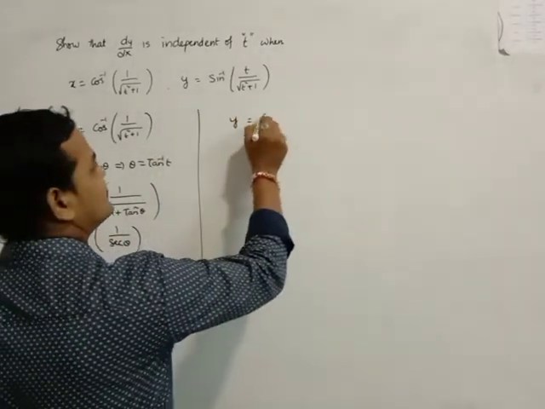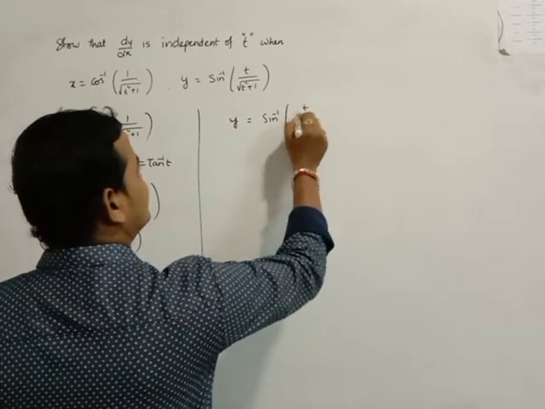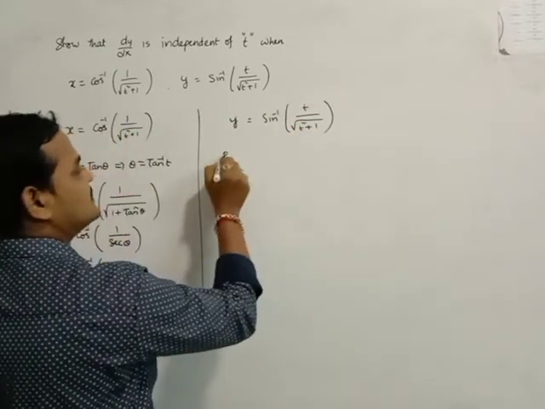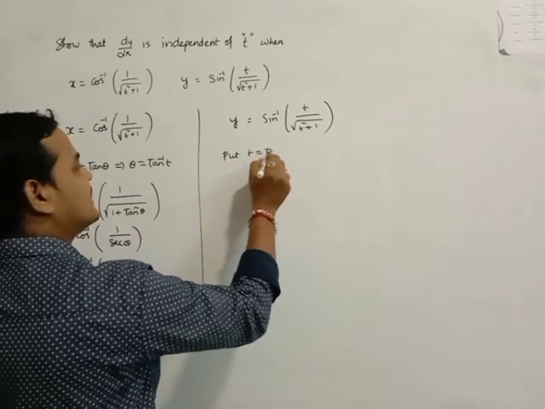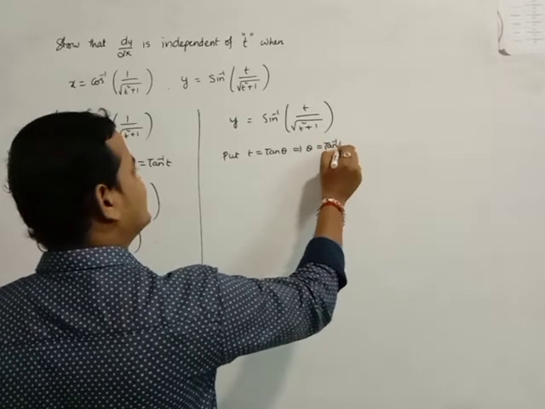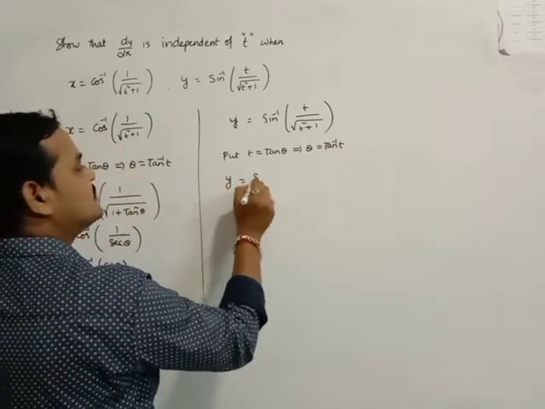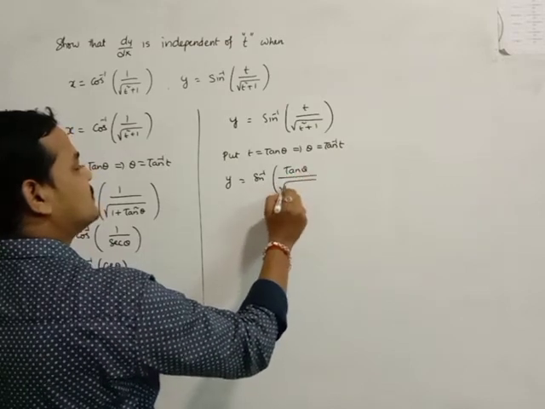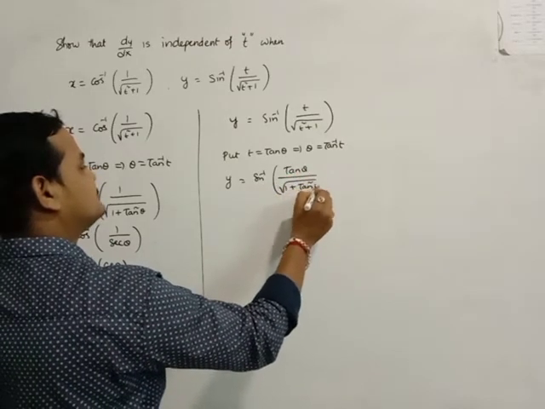y is equal to sin inverse of t by root over t square plus 1. Here also you can do the same process. Put t is equal to tan theta, so it implies theta is equal to tan inverse of t. So y is equal to sin inverse of tan theta by root over 1 plus tan square theta.